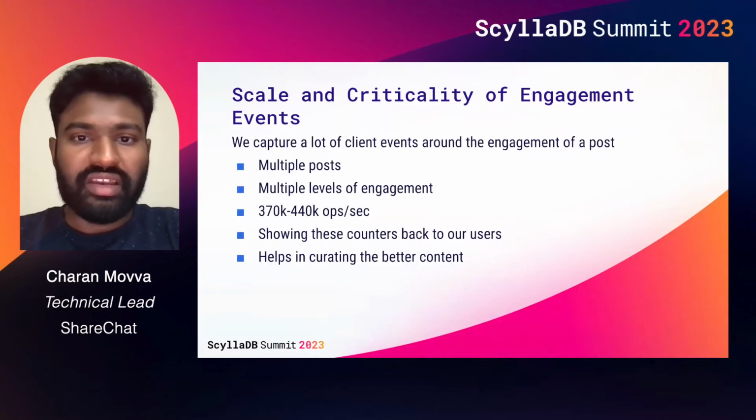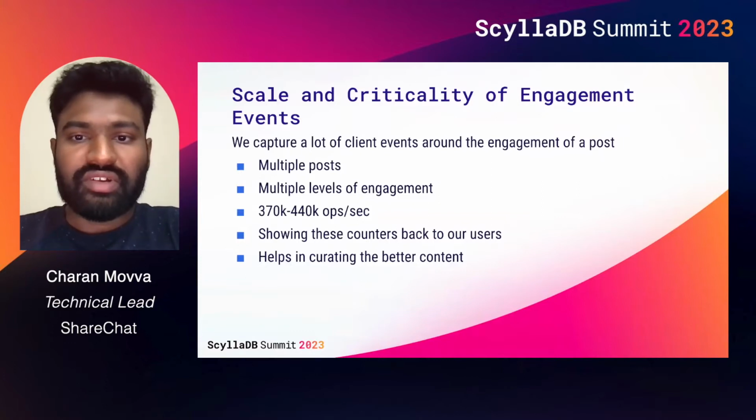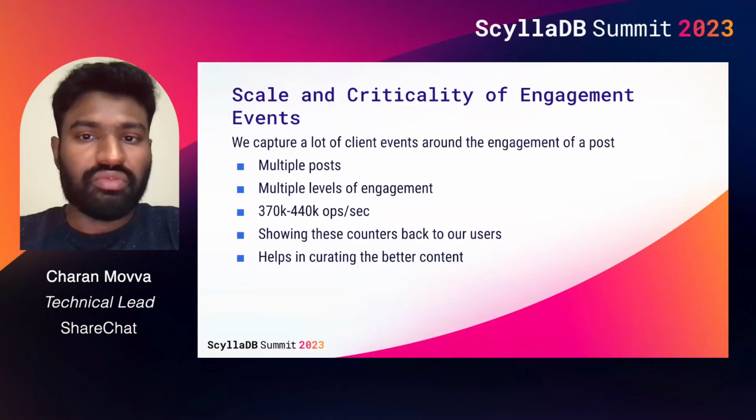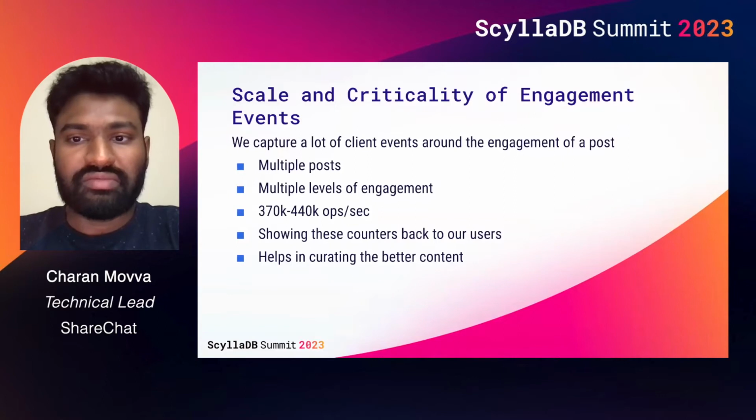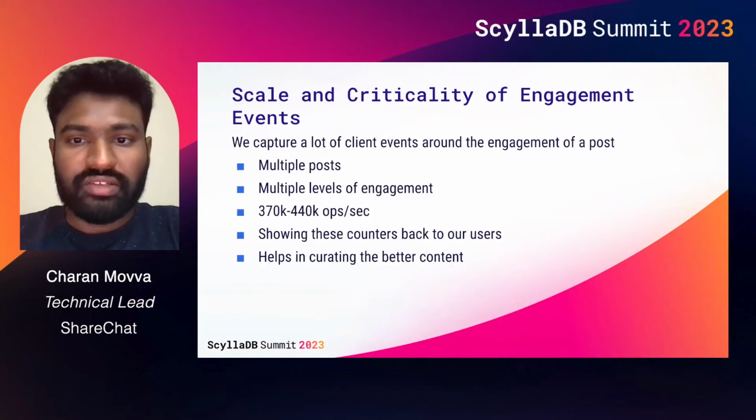When I say engagement, it is the combination of likes, shares, comments, etc. The scale of engagement events alone ranges from 370K to 440K ops per second. These are also critical in nature, as we want to show them back to our users on the feed as a feedback mechanism. They also play some role in curating better content for our users using some of our data science and machine learning models.